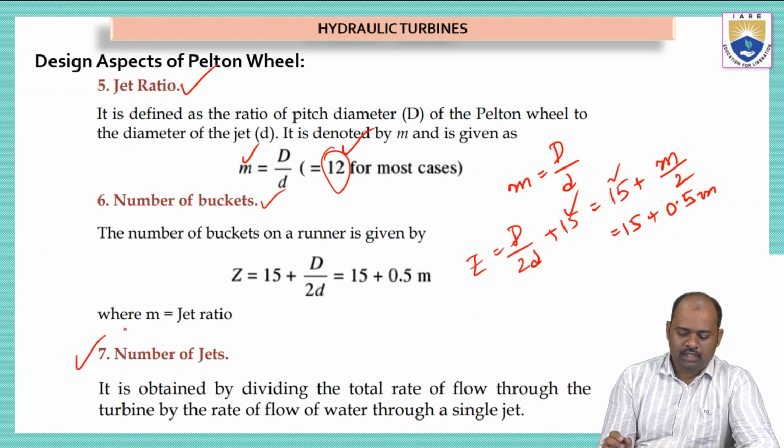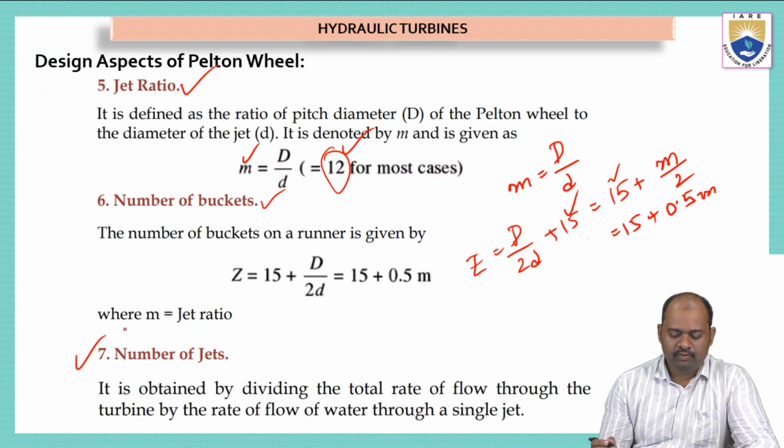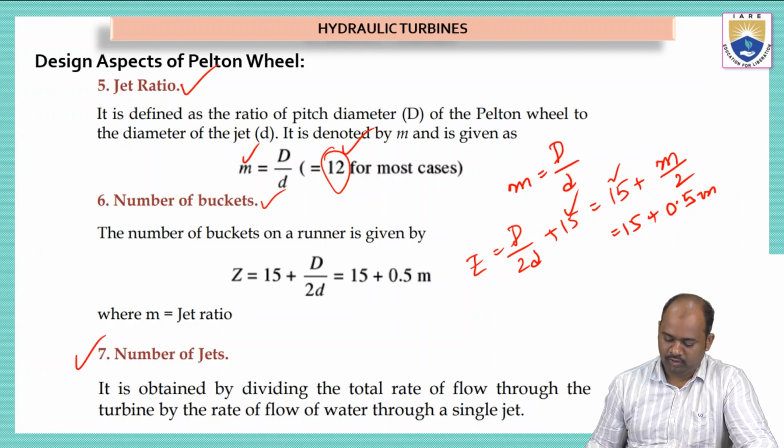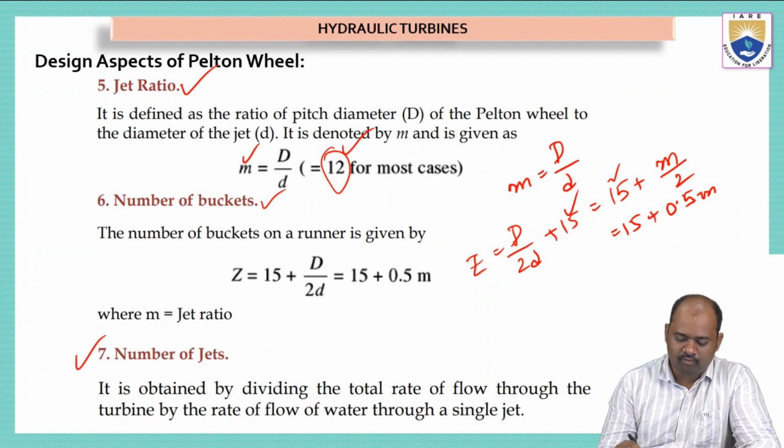And also we can calculate the number of jets. It is obtained by dividing the total rate of flow through the turbine by the rate of flow of water through a single jet. Okay, this is how we can calculate the number of jets.